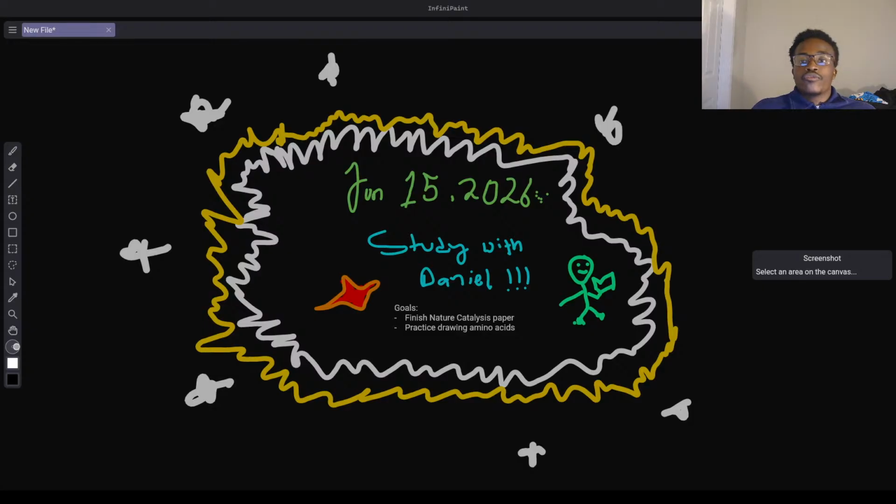So the focus of this paper is ring formation, and I think what I'm getting from it is that at some point in the annulation of a beta lactam, you would need to do some carbon-carbon cleavage, right?